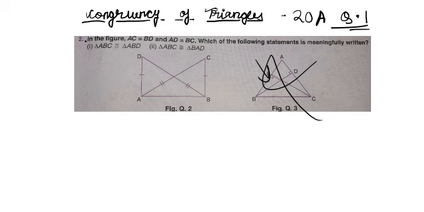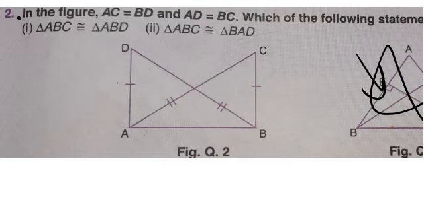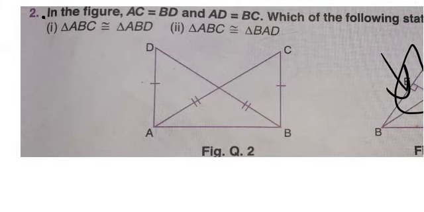So basically what's given here in the question is that AC is equal to BD, right? This is AC and this is BD.